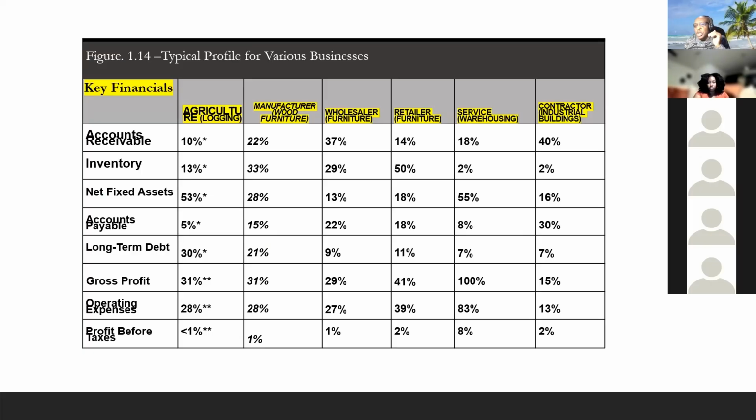These are general guidelines, okay? These are not hard and fast ratios or percentages. In fact, depending on the source that you use for your industry comparison, it will give you upper and lower and middle quartile, so you can see whether or not your particular client falls into that range.